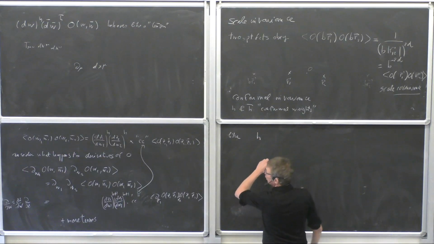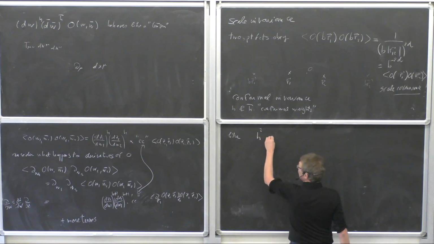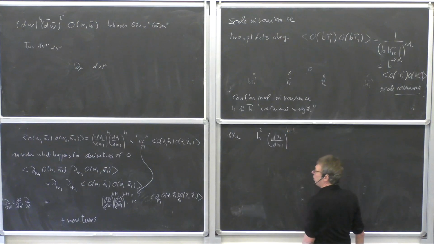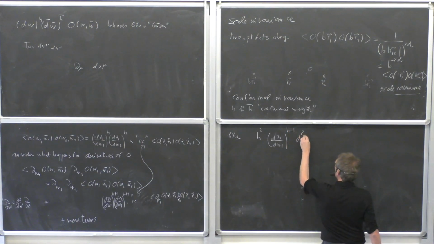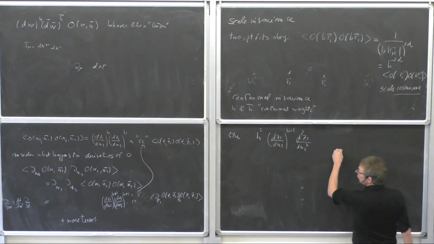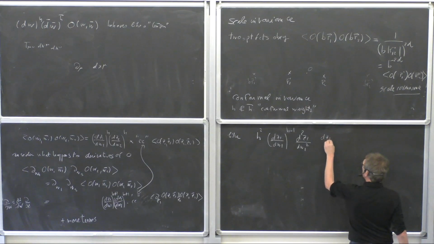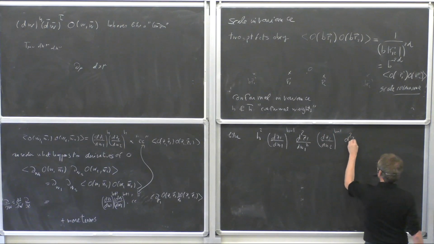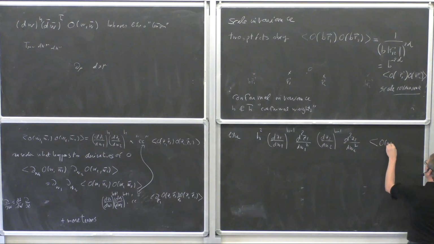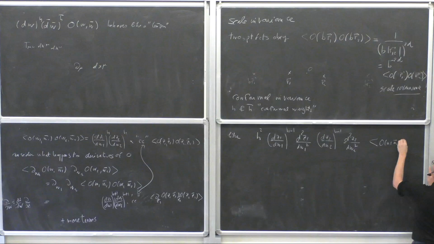h squared dz1 over dw1 to the h minus 1 times d2 z1 over dw1 squared, times the same for the second one, right? So that's dz2 over dw2 to the h minus 1 d2 z2 over dw2 squared times O of w1, w bar 1, O of w2, w bar 2.